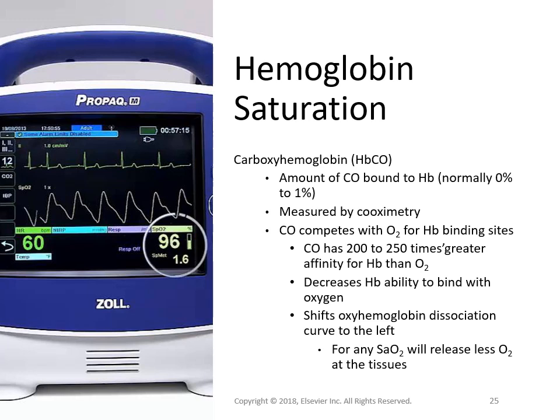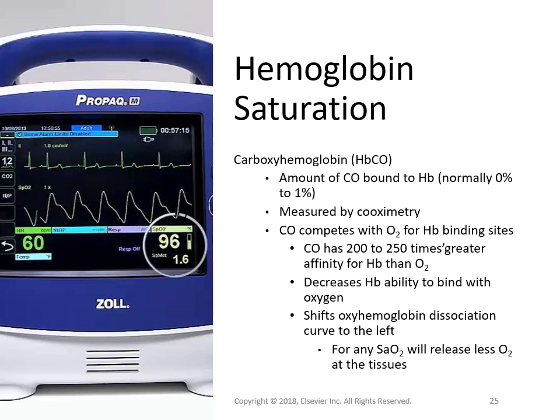Hemoglobin saturation. Carboxyhemoglobin, or HbCO, the amount of CO bound to hemoglobin, is normally none to 1%. It can be measured by a co-oximeter. Carbon monoxide competes with oxygen for hemoglobin binding sites.